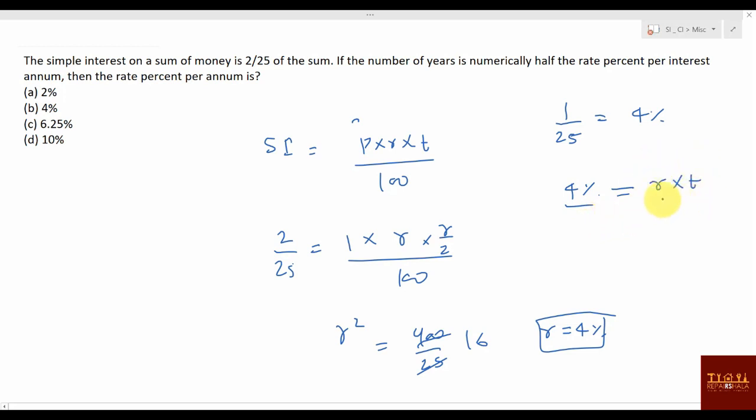What they have given here is this 4% value as R and T. This is given as R and this is R by 2. So this is not 4 actually. 4, 2 is also there. 2 by 25 means this value will become 8%. So this R and T value is given 8% and 2 will come here. So R square value will become 16 and it will be 4%. I think this is better.